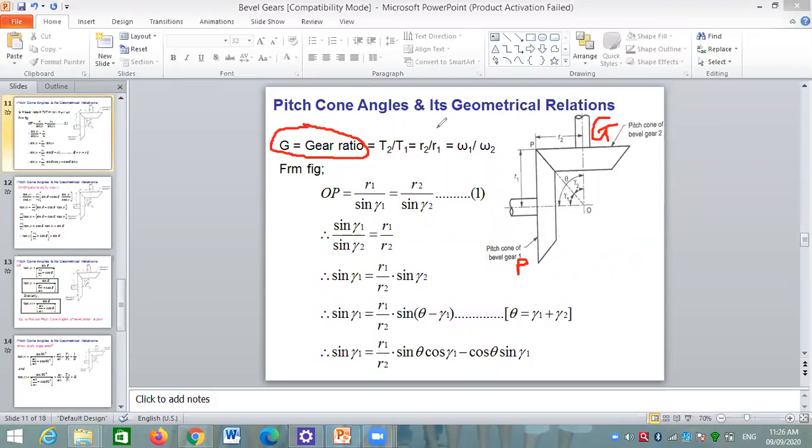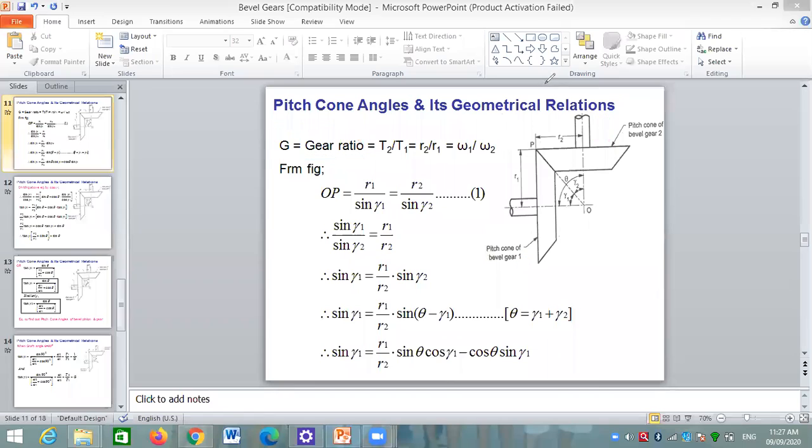or it is equal to R2 by R1, meaning the radius of the pitch circle of the gear divided by the radius of the pitch circle of the pinion, and that is omega 1 upon omega 2, that is, angular velocity of the pinion upon angular velocity of the gear.